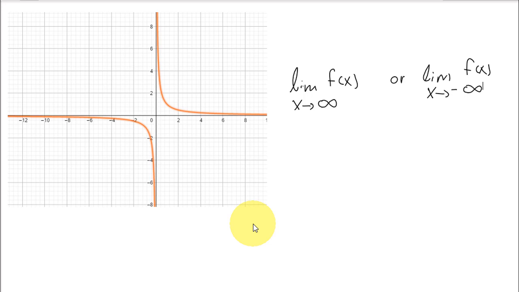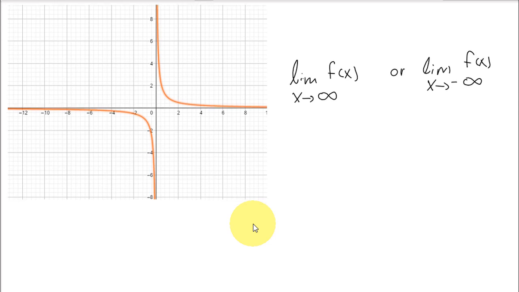Such a limit is expressed as the limit when x approaches infinity of f of x, or the limit when x approaches minus infinity. These limits are approached from one side only. That's very important because we are not going to compare both. From the left, if approaching positive infinity, or from the right, if approaching negative infinity.